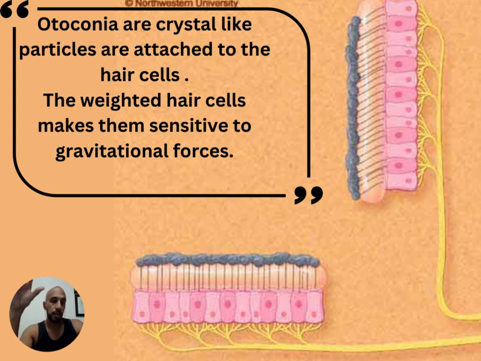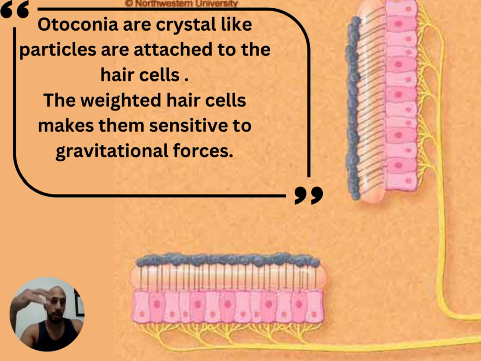The difference here is that they have otoconia, crystal-like particles that attach to the hair cells. The weighted hair cells make them sensitive to gravitational forces. So that's the key part: these calcium carbonate crystals give the function of gravity sense.